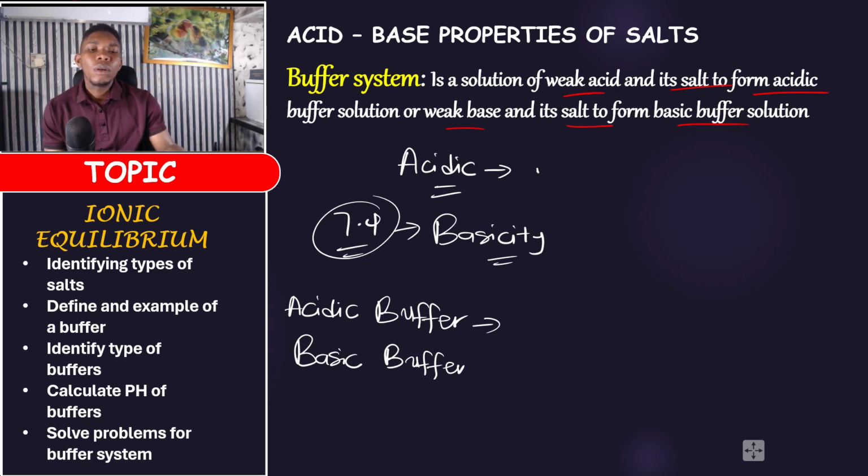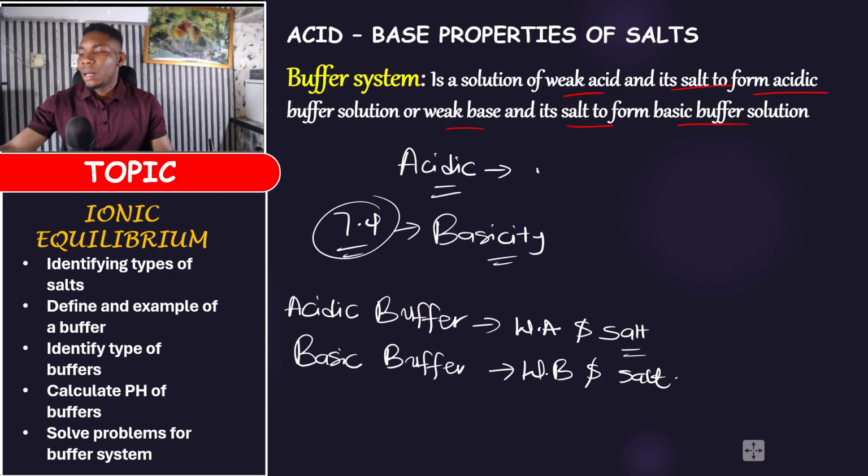An acidic buffer will consist of what? A weak acid and the conjugate base of that weak acid, or you can say a weak acid and the salt of that acid. Some persons will say the conjugate base, but let's just take it as the salt of that acid. While a basic buffer will consist of a weak base and the salt of that base. Are you getting it now?